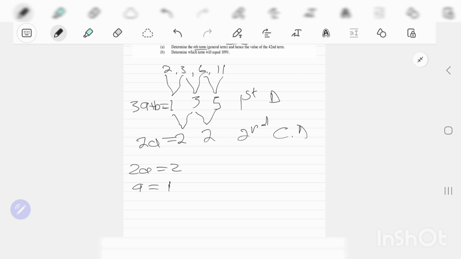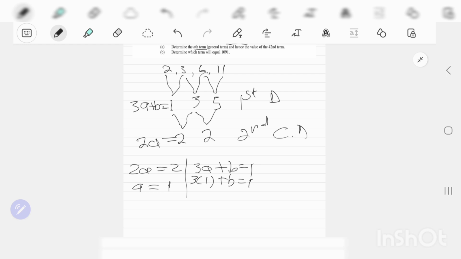You always use the first term of the first difference, because A is known, so you can just substitute straight away. 3A plus B is equal to the first term of the first difference, which is 1. Then I substitute my A, which is 1, so 3 times 1 plus B is equal to 1.